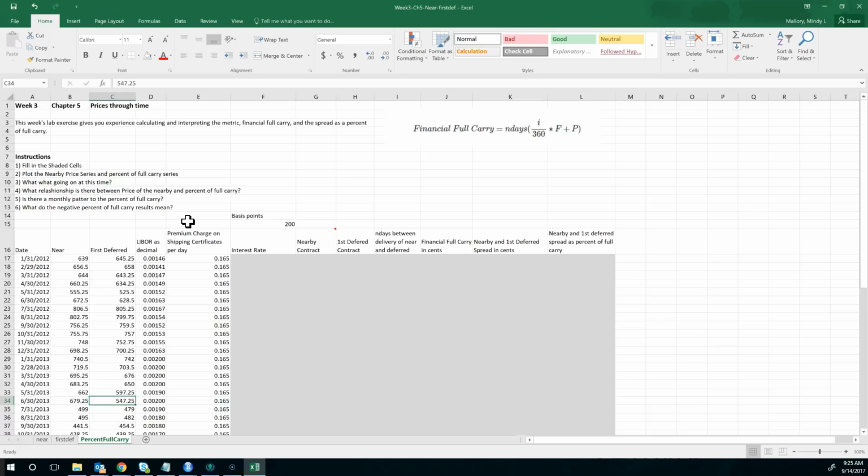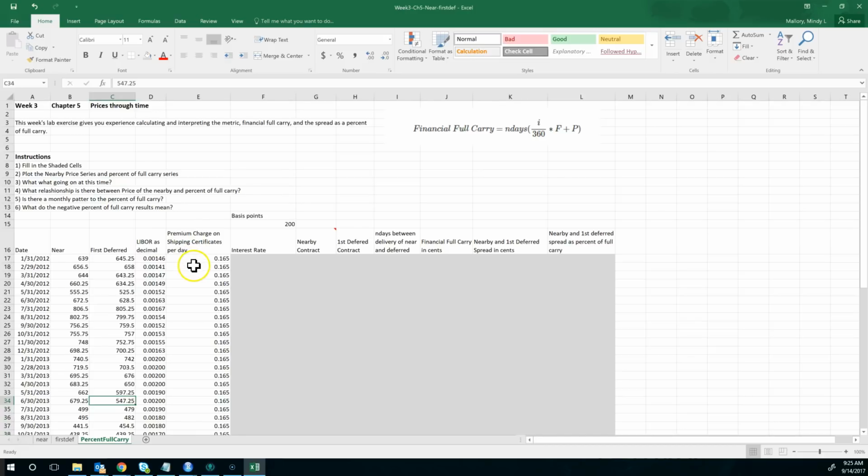These financial instruments were discussed a little bit in chapter 4 when we went through the process of discussing how futures contracts are actually delivered upon. So in the CME rulebook, the maximum premium allowable to be charged for shipping certificates that are eligible to be delivered on the futures contract is this 0.165 cents per day.